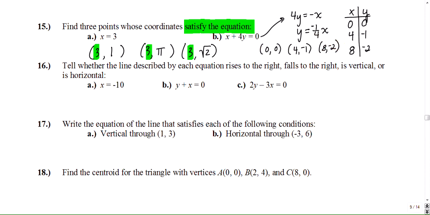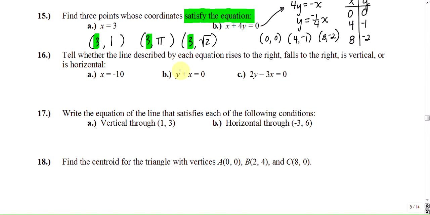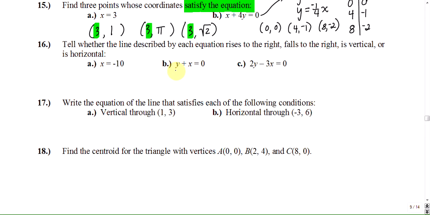Next, on 16, we want to tell whether the line described by each equation rises to the right, falls to the right, is vertical, or is horizontal. I want to be able to basically picture these without actually graphing them. So x equals looks like this. This is going to be a vertical line.